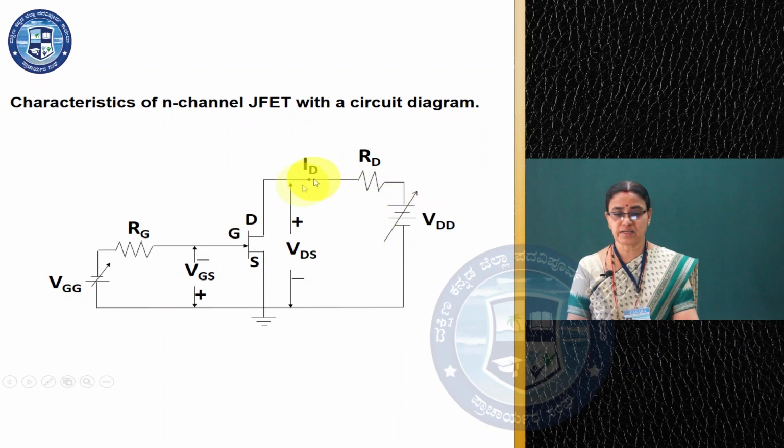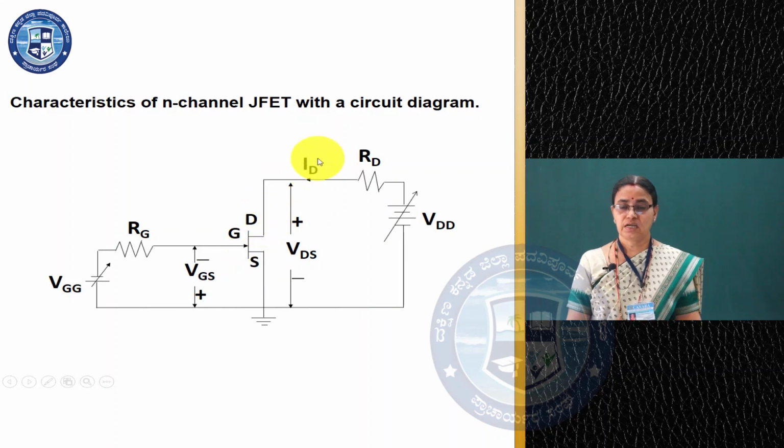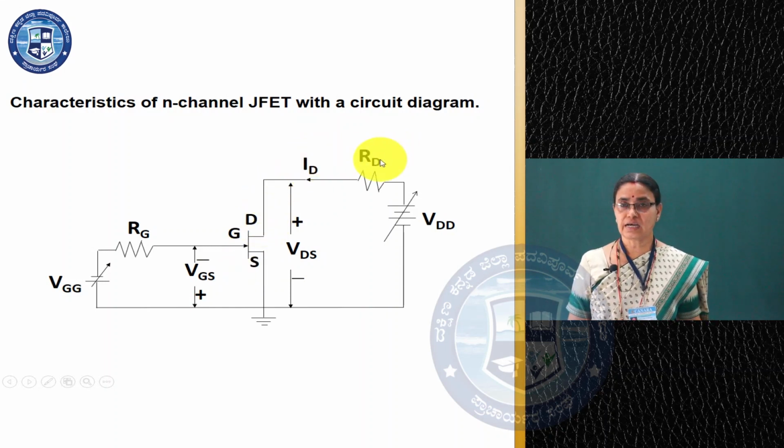VDD, the variable supply, is connected to the drain, and VGG, the variable supply, is connected to the gate. VGS is the voltage drop across gate and source. VDS is the voltage drop across drain and source. ID is the drain current, RD is the drain resistance, RG is the gate resistance.